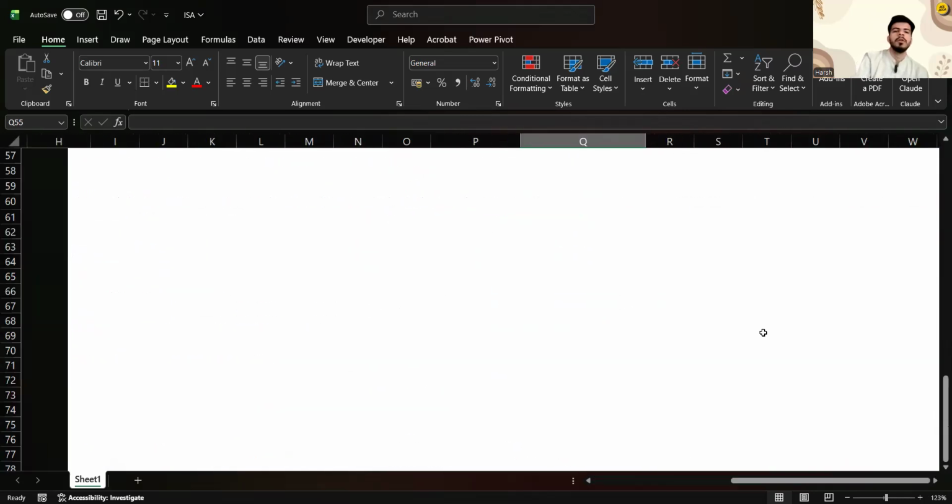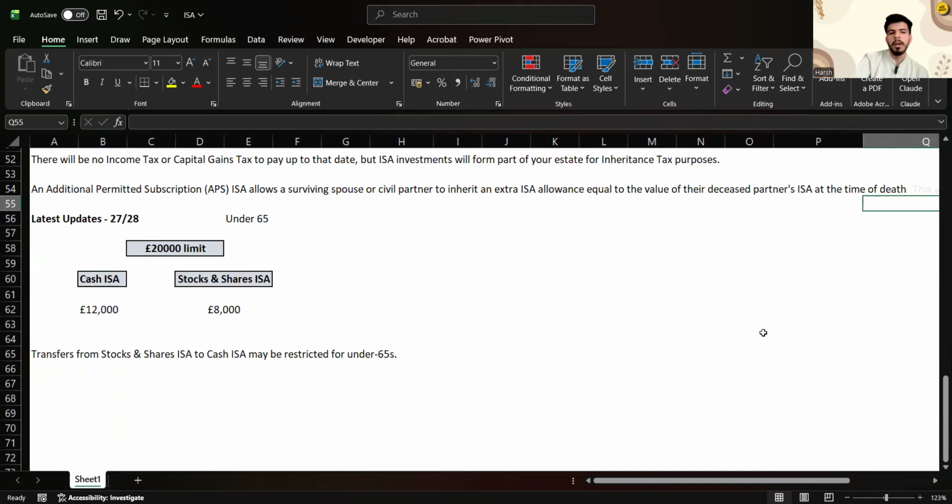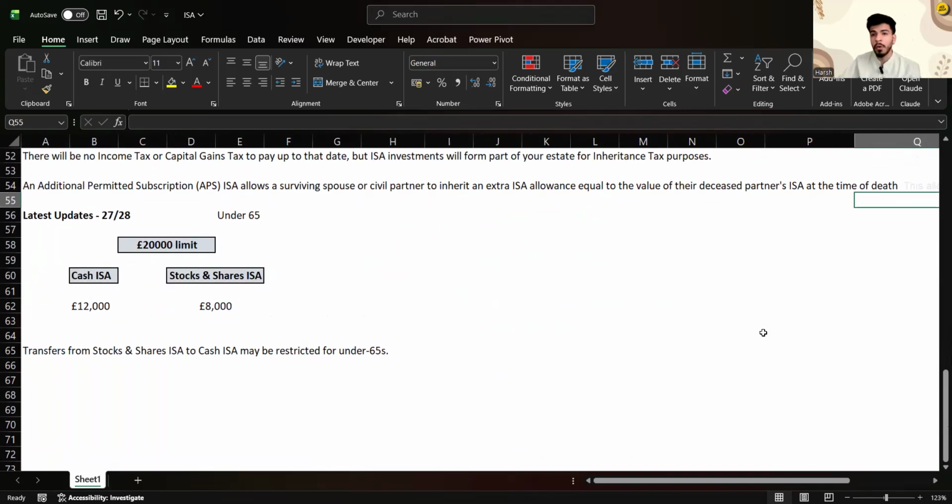To sum up, there are a few updates that we have got in the autumn budget recently. From 27-28, the 20,000 limit, which is currently available for people under 65, would be divided between cash ISA and stocks and shares ISA. Earlier you could invest the whole 20,000 pound in cash ISA, or in stocks and shares ISA, or in any of them.